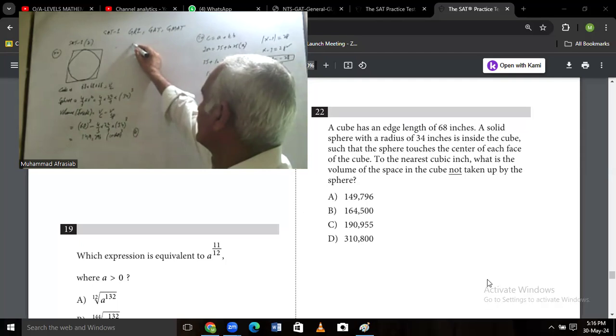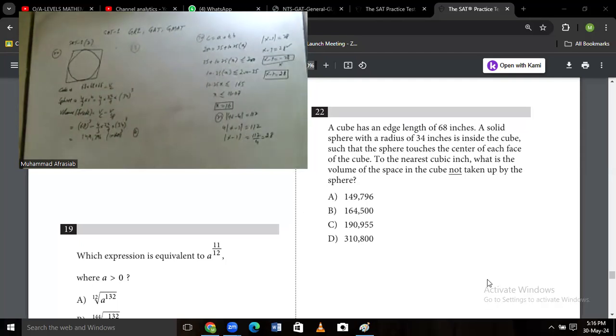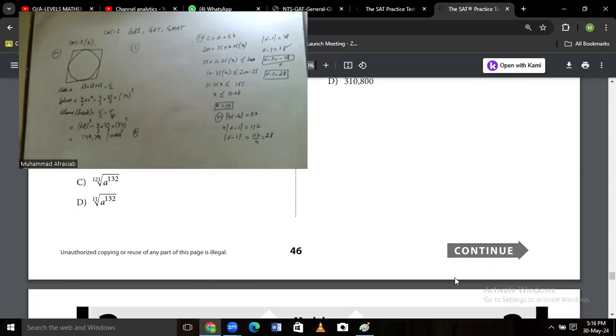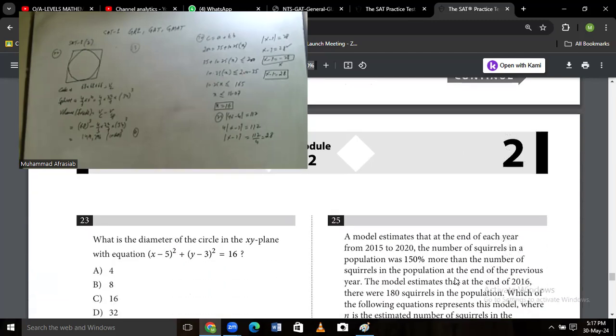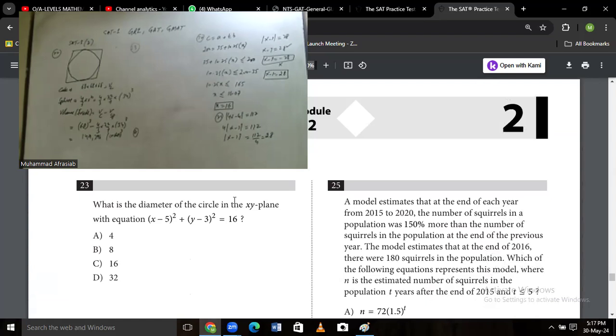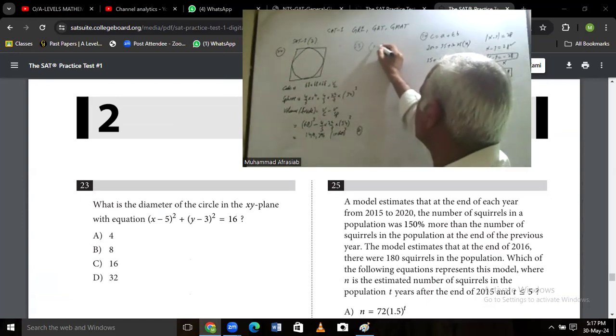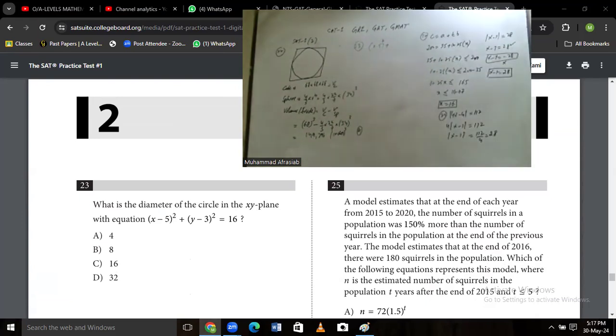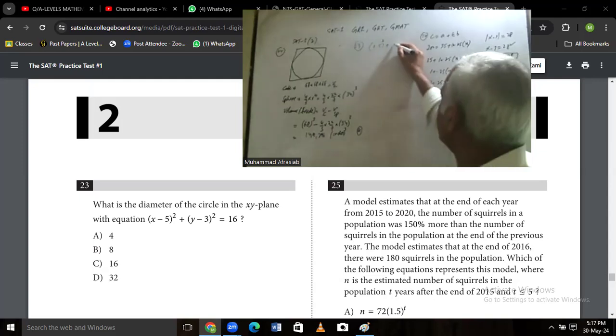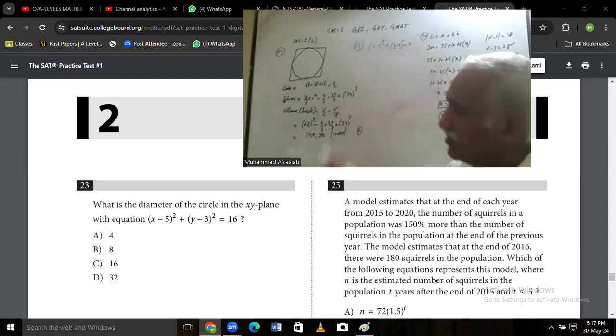So question number 23 now. What is the diameter of this circle in the xy plane, which has the equation (x minus 5) square plus (y minus 3) square is equal to 16?